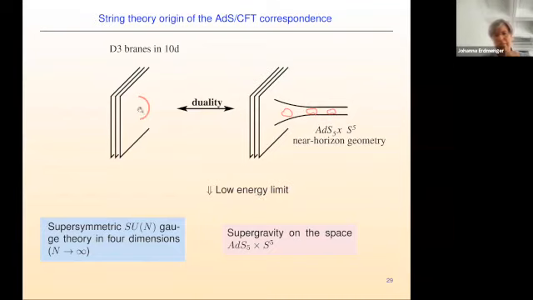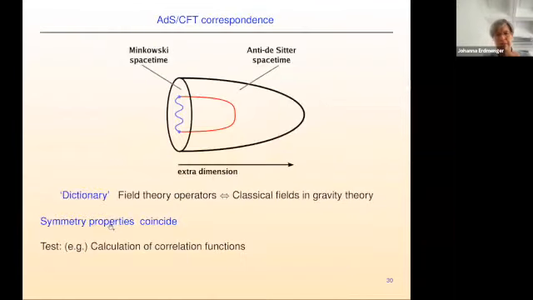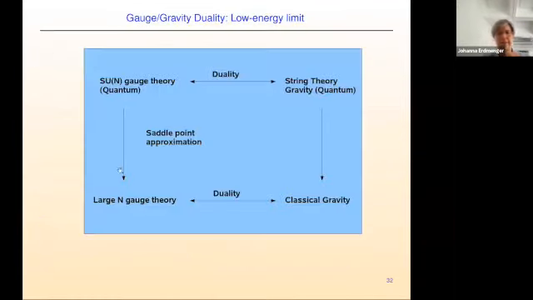So I can show that putting these D7 branes here and then taking the same limit as I was discussing yesterday will precisely give me these extra fields in this theory. The branes and the strings are at this level here.